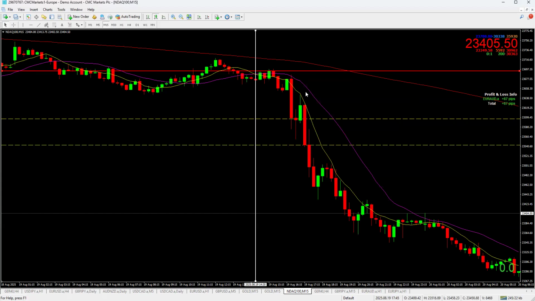But if you don't have the time and you just want to get some pips and be out of the market, then fine. You could measure the range of that candle, because this is the entry, and go for ×2, ×3, and you are done.